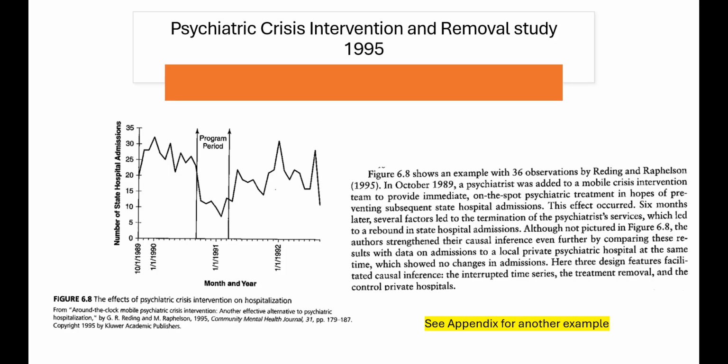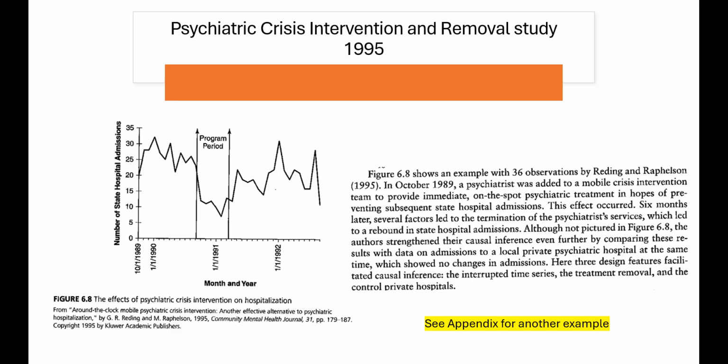So we can see the intervention began, it showed improvement on our far left, had the biggest impact where that first arrow is, and then unfortunately the psychiatrist services were removed, and that state hospital admission rate jumped back up. So we have two interruptions in the data.